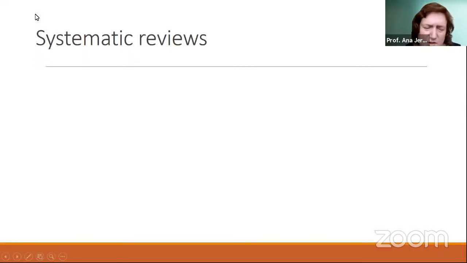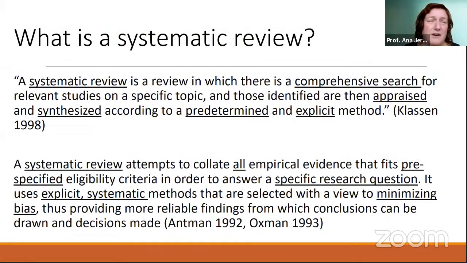So why do we talk about systematic reviews when we talk about evidence-based medicine and evidence? I think the answer is in the very definition of systematic reviews.